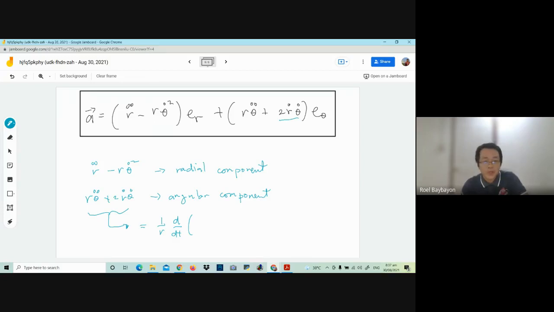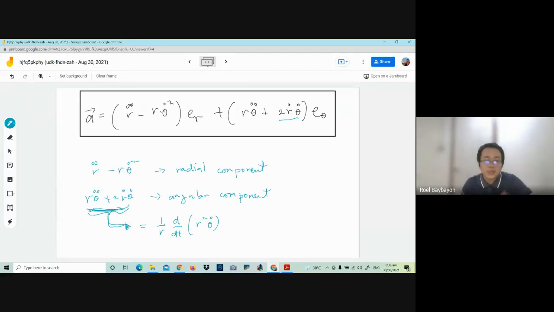Kani nga expression here, equal lang ni sila, no? Equal lang siya ani: 1 over r d/dt r squared theta dot.